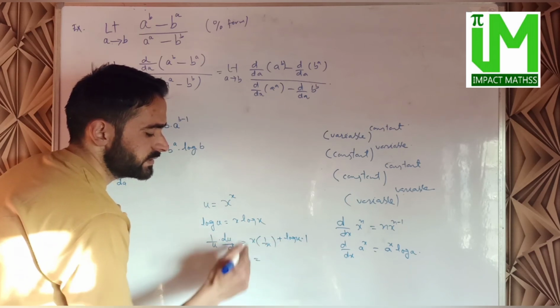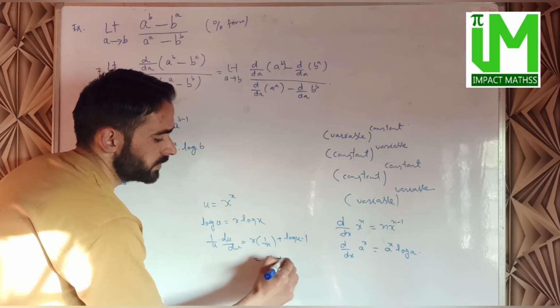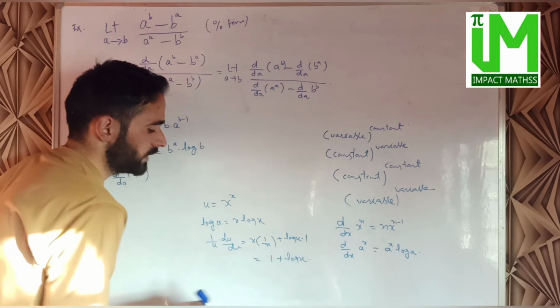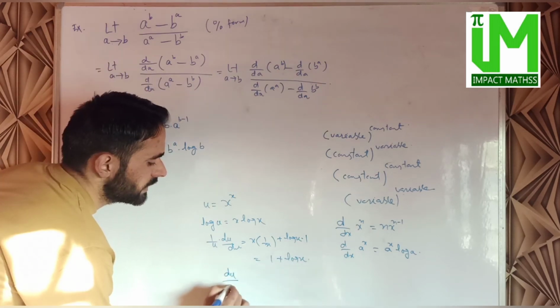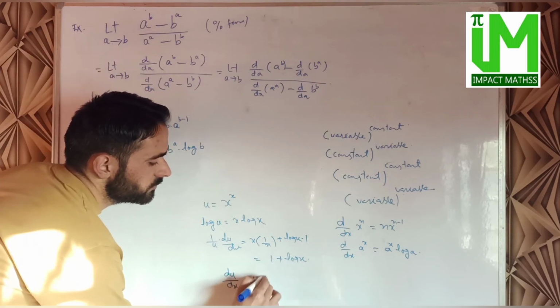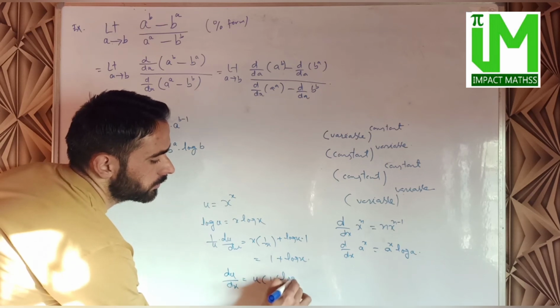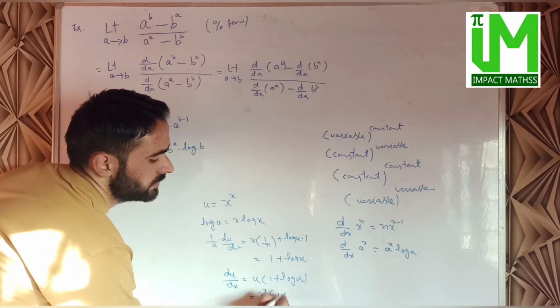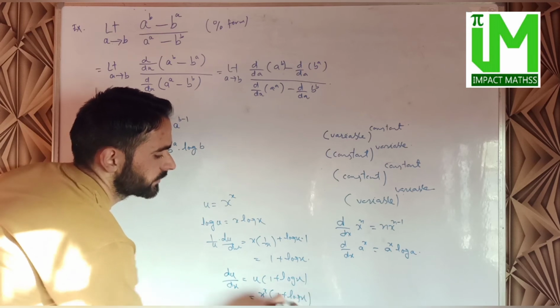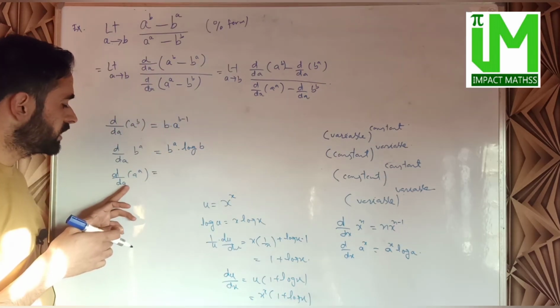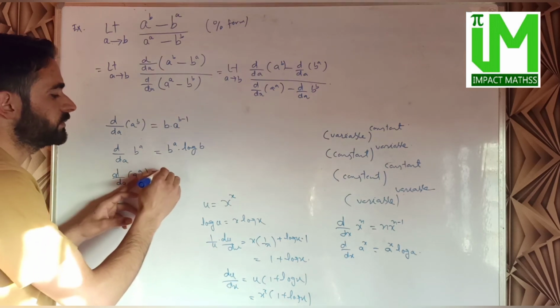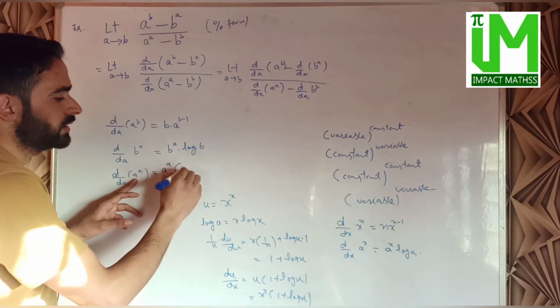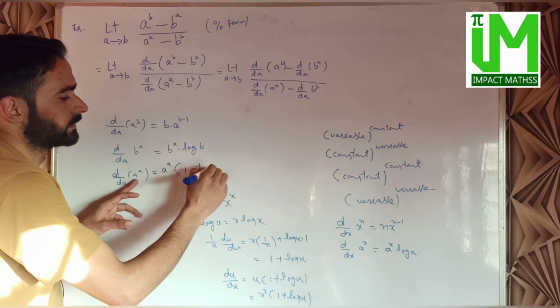The x cancels with x, so it will be 1 plus log of x, which means du by dx is equal to u times 1 plus log of x. The value of u is x to the power x, so d by da of a to the power a will be a to the power a into 1 plus log of a.